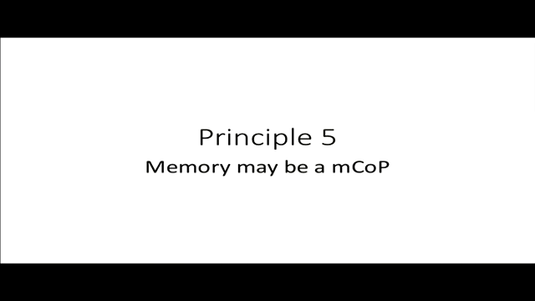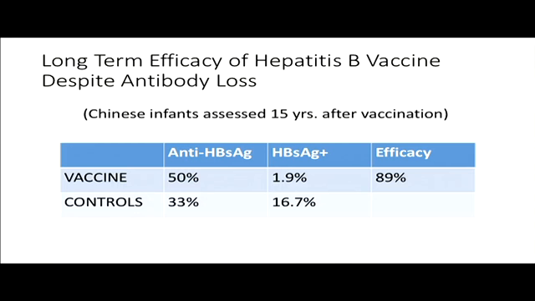So let's get a bit more complex. Memory can be a correlate of immunity, a mechanistic correlate of immunity. So here's an example in the context of hepatitis B. It's a large observational study in China, and 50% of the vaccine group have got anti-surface antigen antibody.